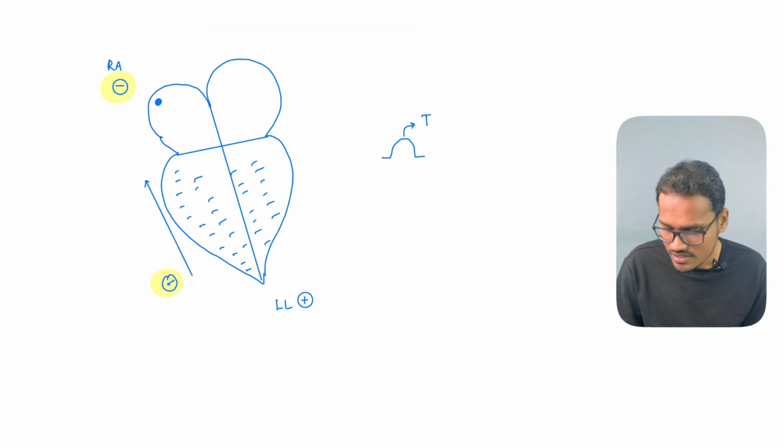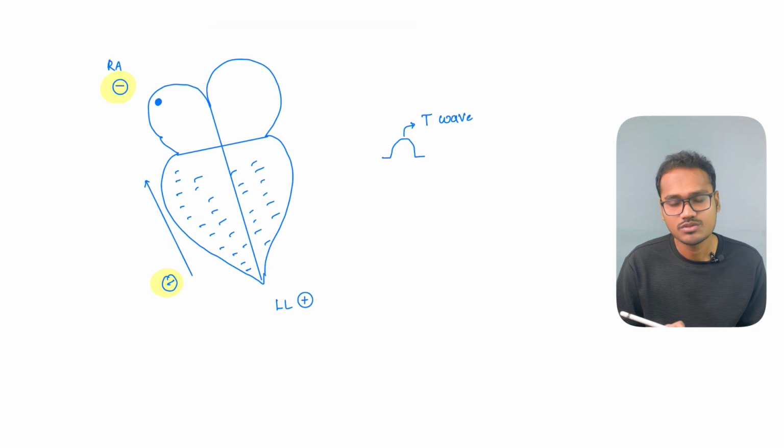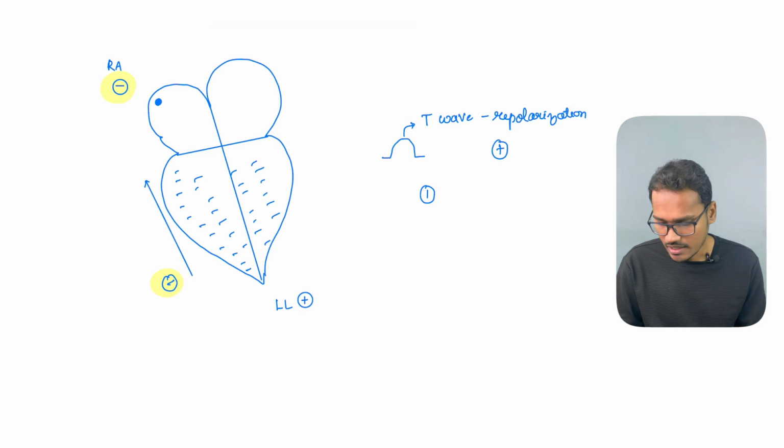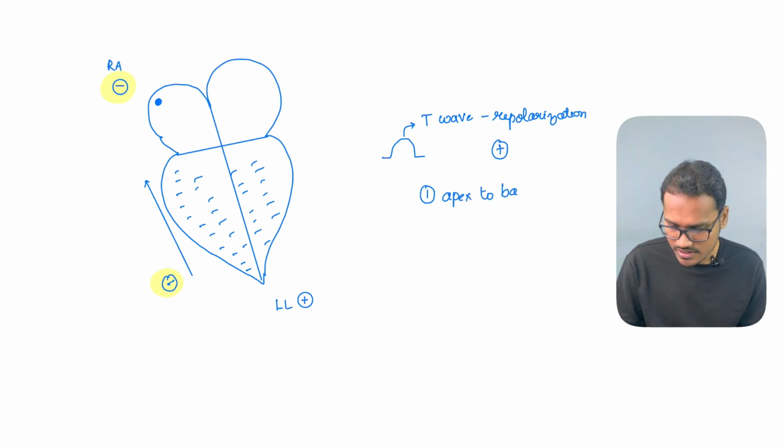T wave, this is one of the common give-reason questions that is also asked. T wave, even though it is a repolarization wave, still it is positive. Why is it positive? There are several reasons. First thing is the repolarization happens from apex to base.